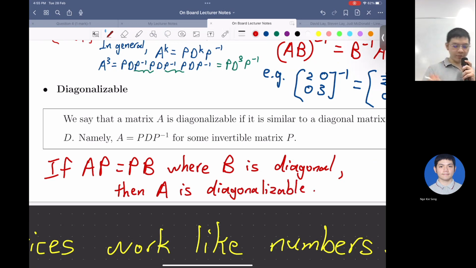That means you use P to make A into a diagonal matrix. So we say A is diagonalizable.